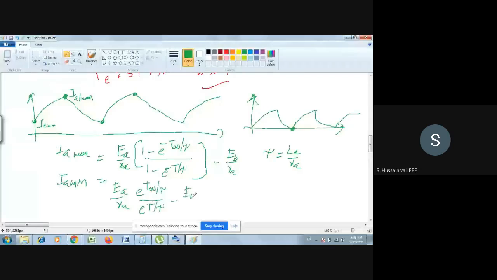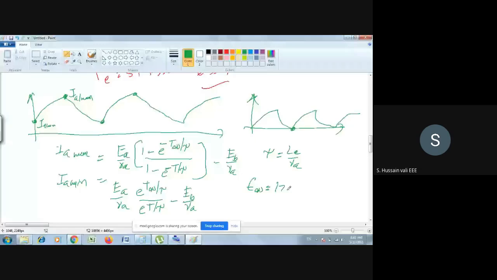Here also everything we know, including T on. What is the question he is asking? Whether IA is continuous for part A or not. T on we got in the problem is 7.6 milliseconds.